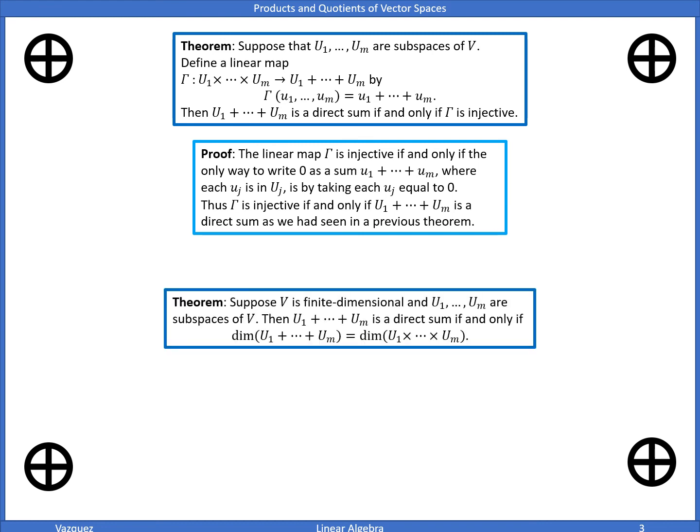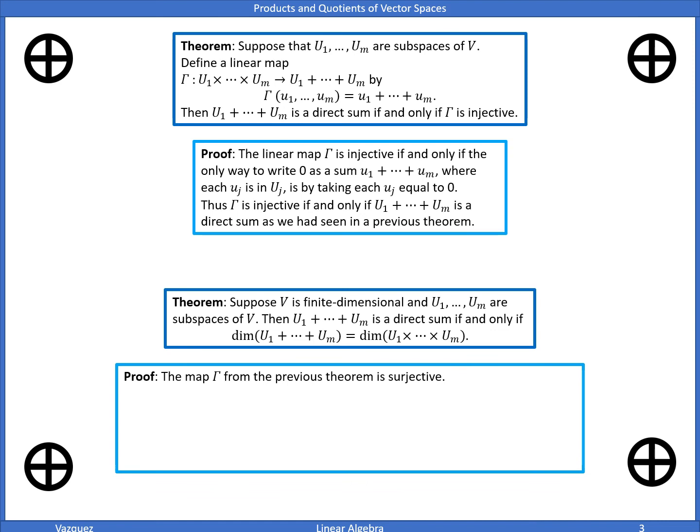So we can move on to the second theorem that says suppose V is finite dimensional and U1 to UM are subspaces of V. Then their sum is a direct sum if and only if the dimension of the sum is equal to the dimension of the product. And again, if you're comfortable with direct sums, this should be pretty intuitive. Let's go ahead and prove it though.